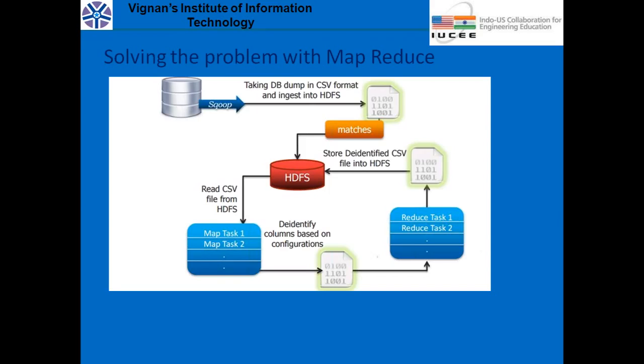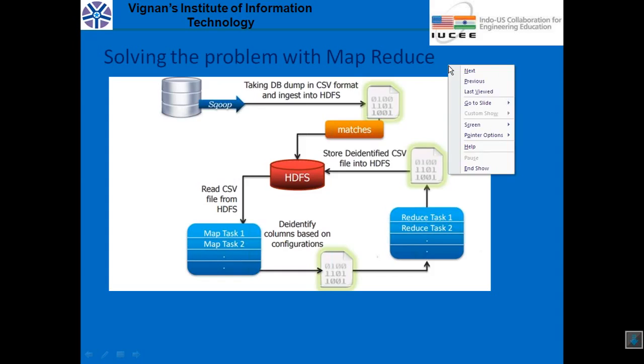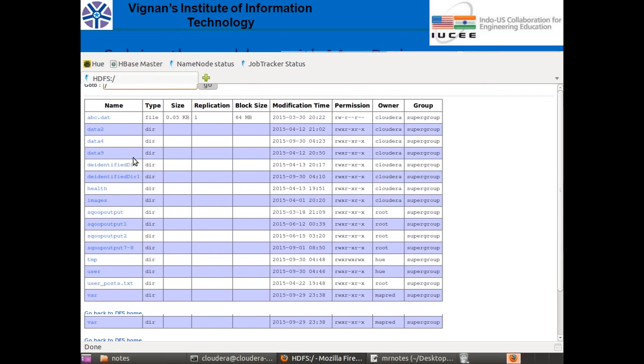My purpose of showing this is that I'm performing de-identification here. If data sets are shown, then the job will be performed very quickly.